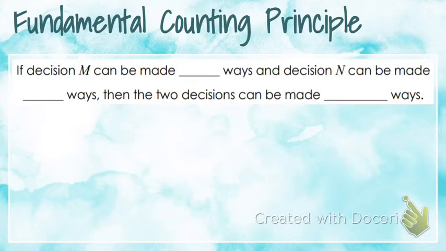So the first thing is the fundamental counting principle, and it says that if a decision M, so let's say that choosing 3 marbles out of a bag is M, can be made M ways and decision N can be made N ways, then 2 decisions can be made M times N ways. This is going to make much more sense whenever we look at the examples.